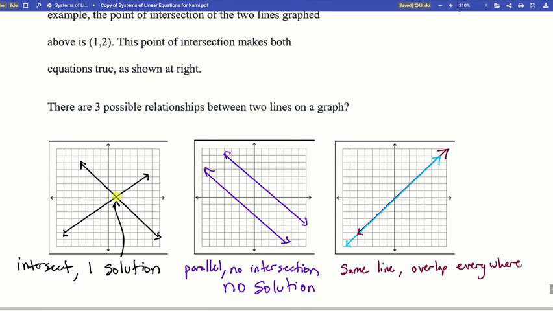everywhere. If they are the same line, if they overlap everywhere, that means they intersect everywhere, right? So unlike our first example where there's only one solution, they only intersect one place, these two lines intersect in every place.